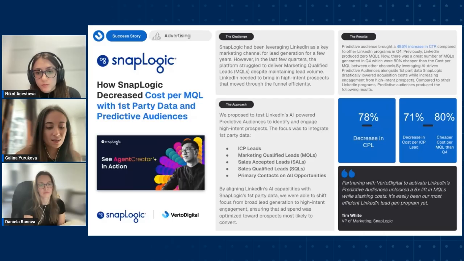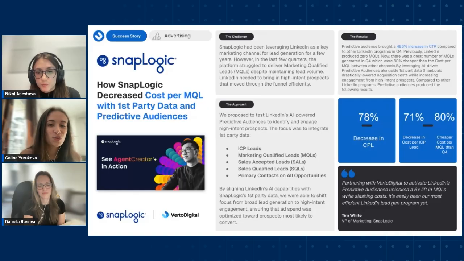Once we tested everything over the course of a quarter, we saw that predictive audiences brought a 486% increase in CTR compared to other LinkedIn programs in that quarter. So it was definitely a drastic change for us in terms of engagement.